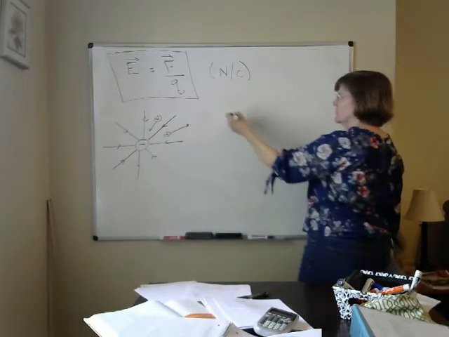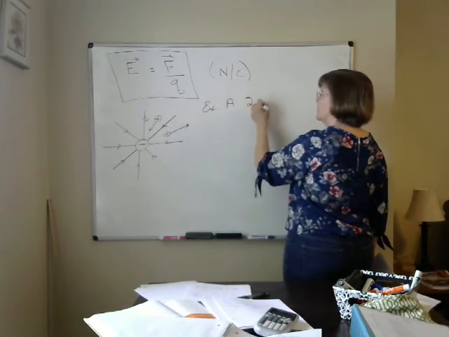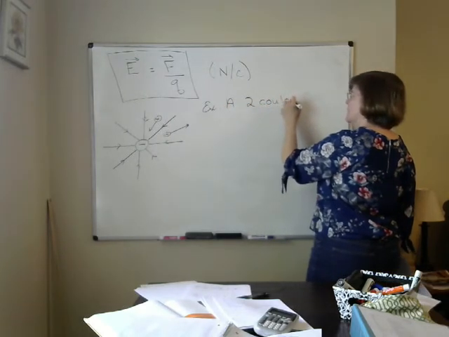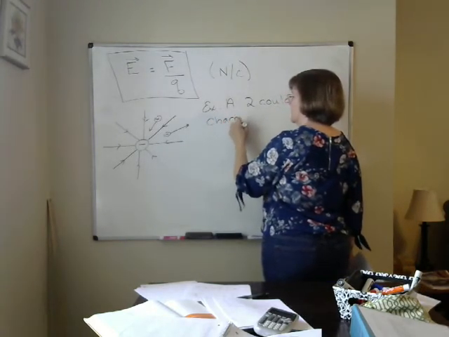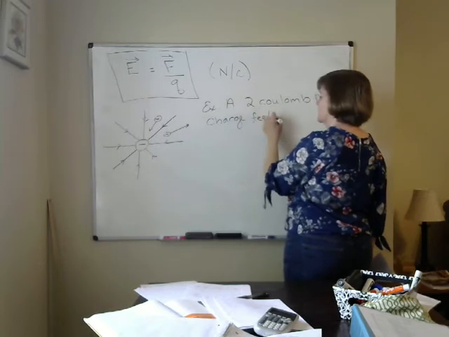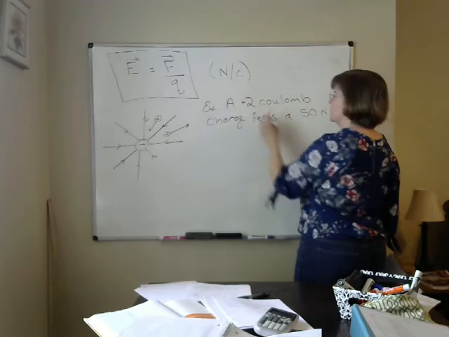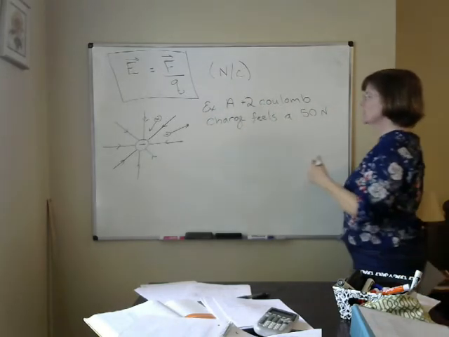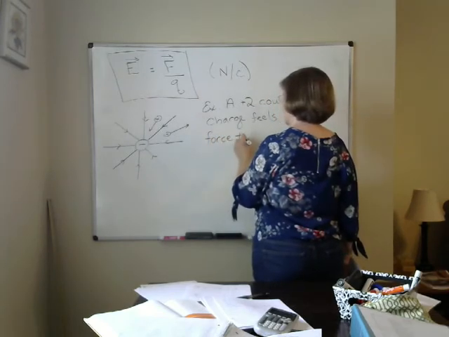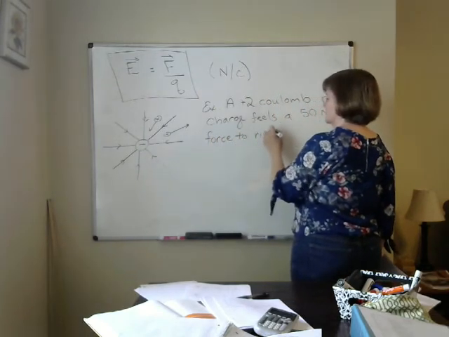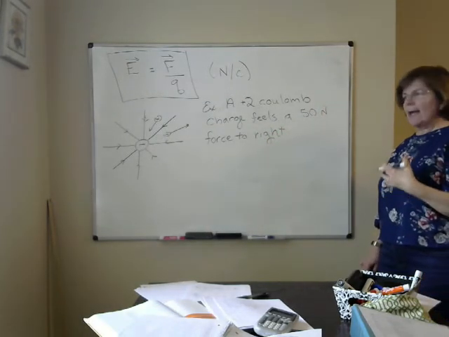For example, a positive 2 coulomb charge feels a 50 Newton force to the right. Let's see if we can calculate the electric field at that point.